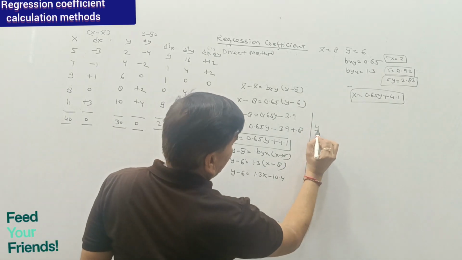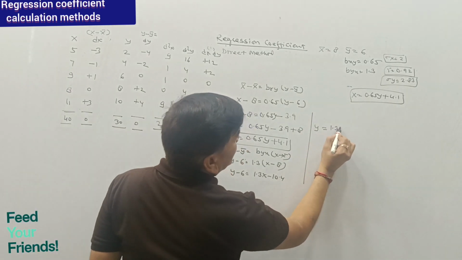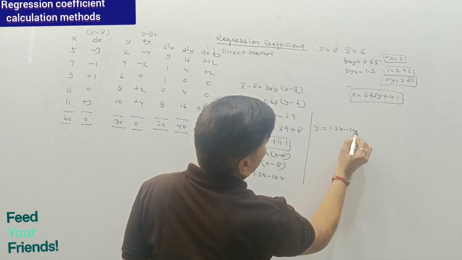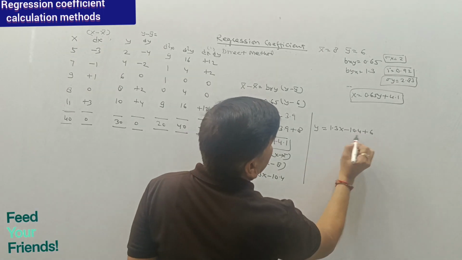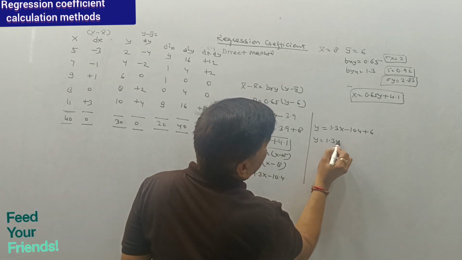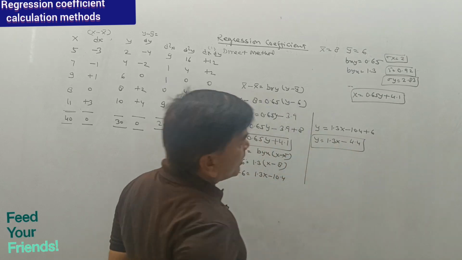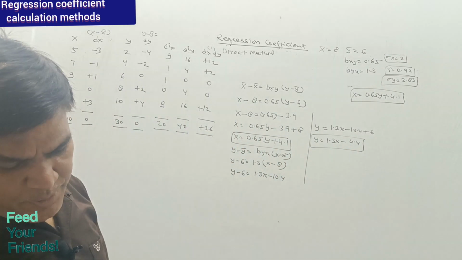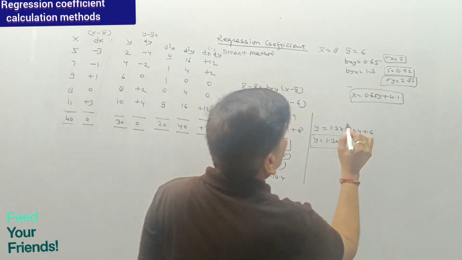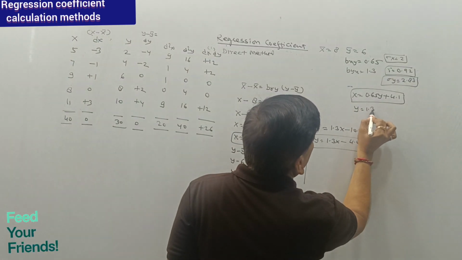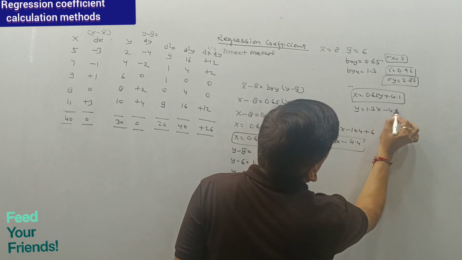So y is equal to 1.3x minus 10.4 plus 6. So y is equal to 1.3x minus 4.4.